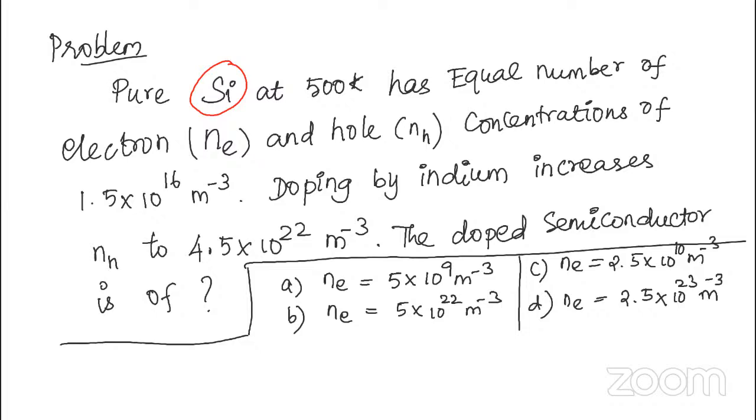Any of the trivalent impurities we can add. Then silicon will act as a p type semiconductor.